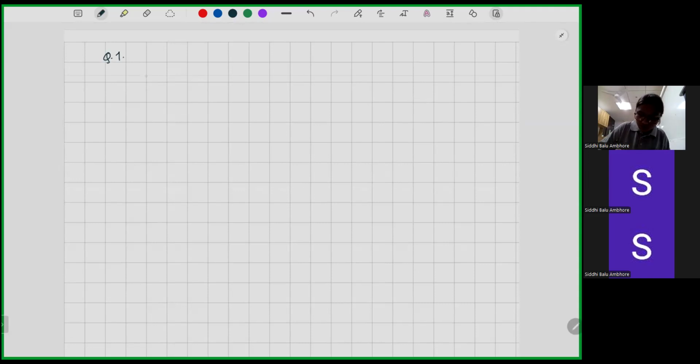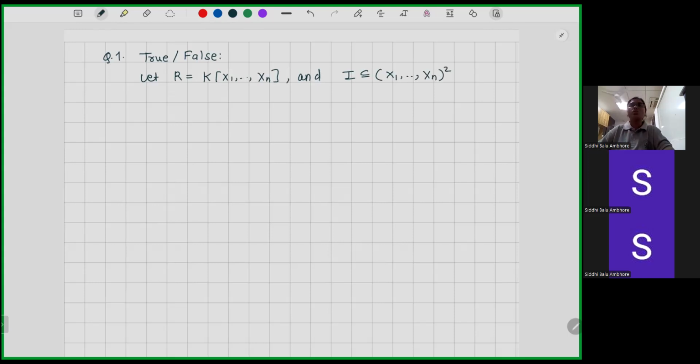Question 1. It is true or false. Let R be k[x1, ..., xn], and we consider I contained in the ideal (x1, ..., xn)^2 as an R-ideal.